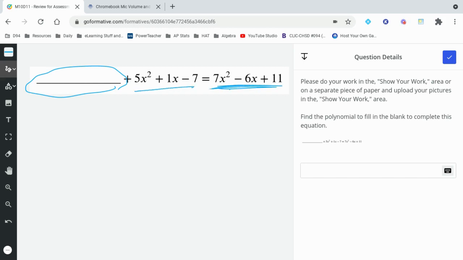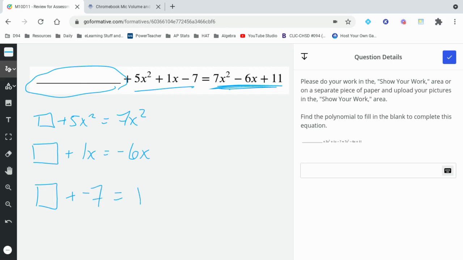So what plus 5x squared is going to give me that 7x squared? What plus 1x is going to give me that negative 6x? What plus a negative 7 is going to give me 11? And then you're going to type that in. So don't forget that whatever this is here, that's going to be something x squared. This is going to be something x, etc.